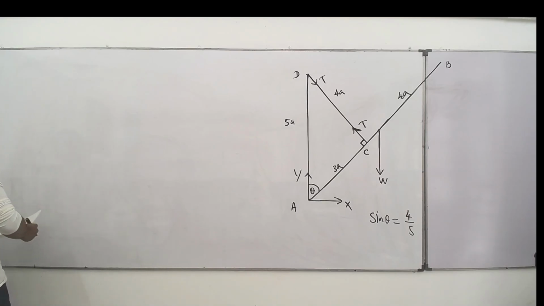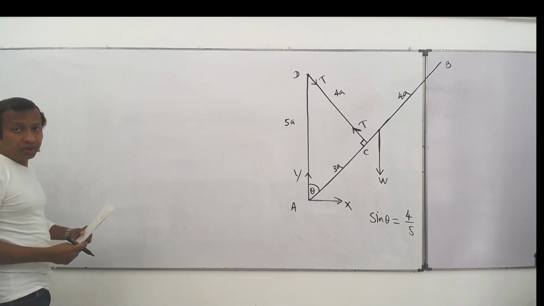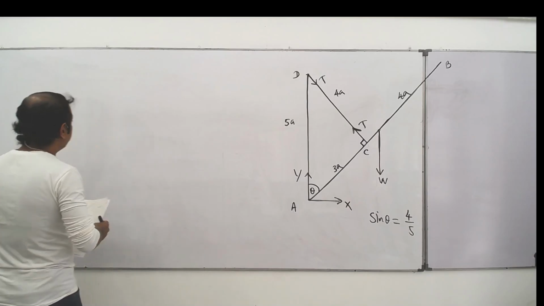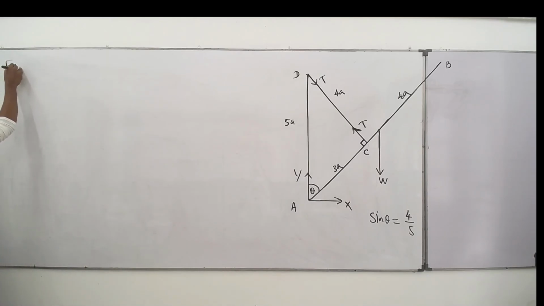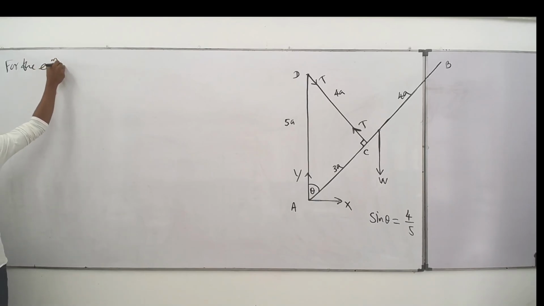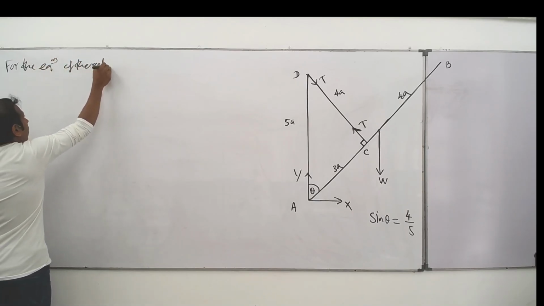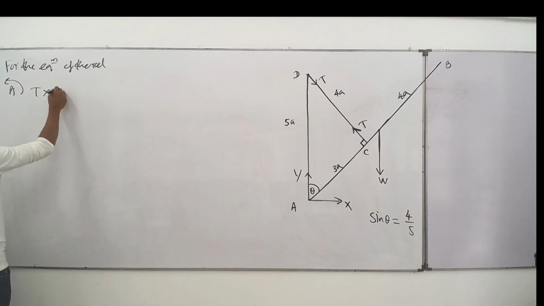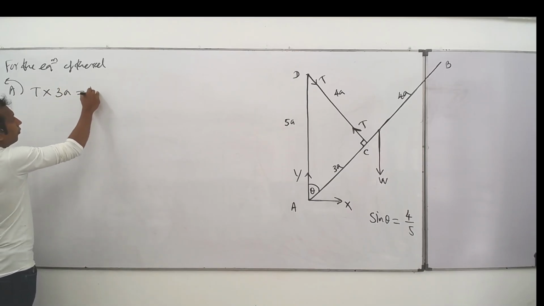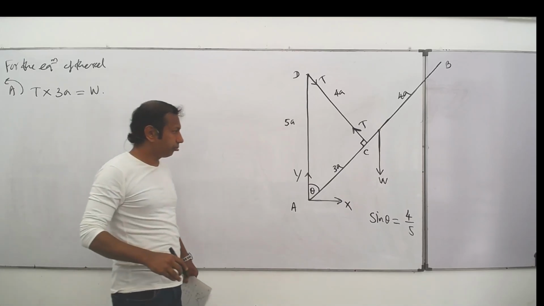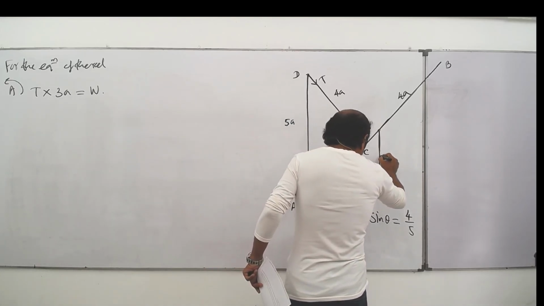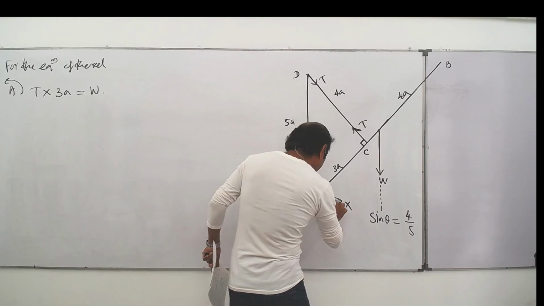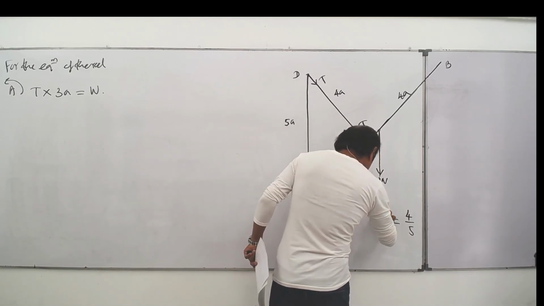Now what is it first asking? Show that the tension of the string is this. To find the tension of the string, we can take moments around A for the equilibrium of the rod. So for the equilibrium of the rod, taking moments around A: T into 3A is equal to W times, right? When I produce the line of action of W like this and drop the perpendicular, this is the 90 degree angle.